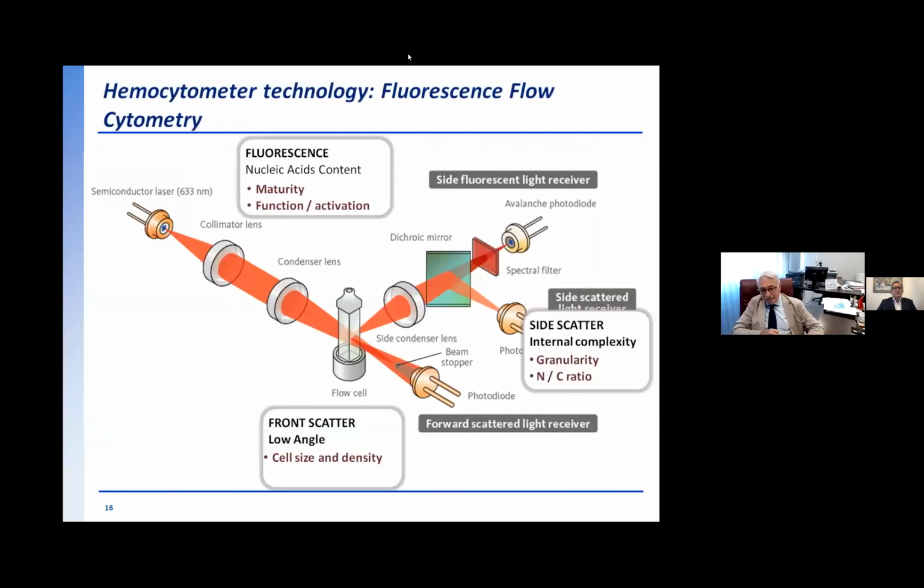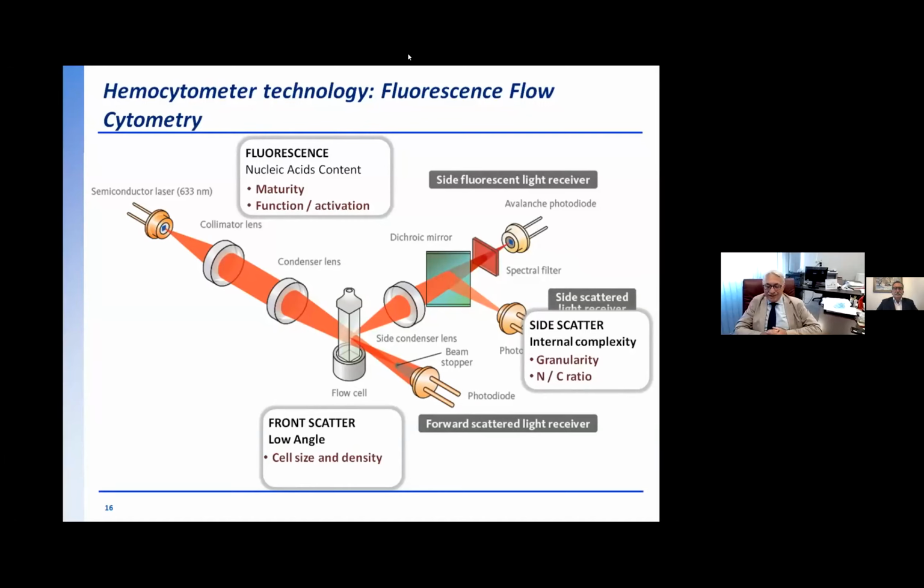This is the diagram used by main platforms, especially the ones we use, Mindray and Siemens. So you see the laser beam targets the cells, and there you have light that is scattered, and thanks to lenses and filters, it is then received at a small angle.